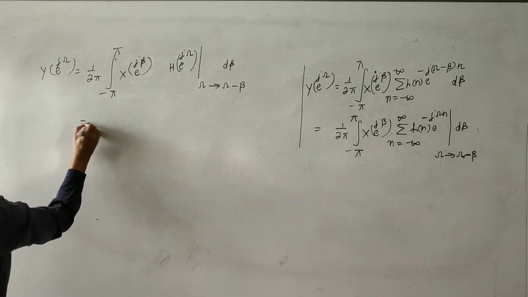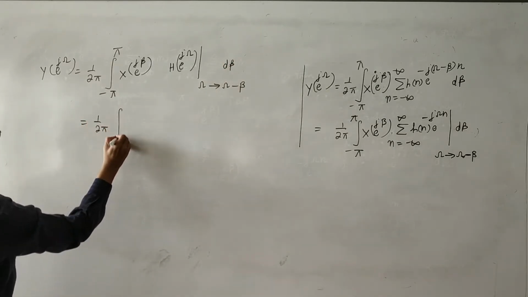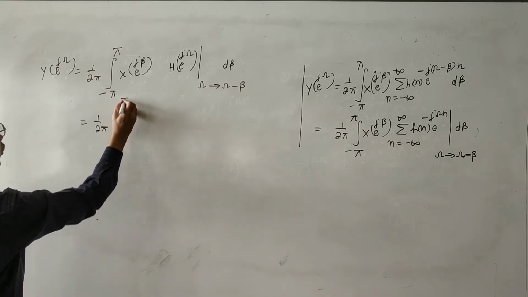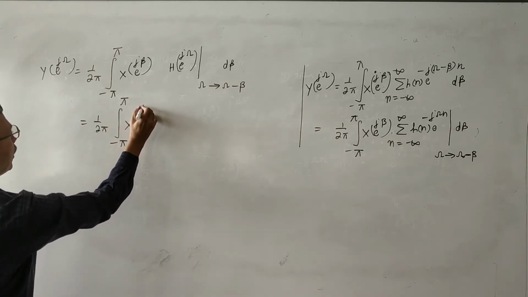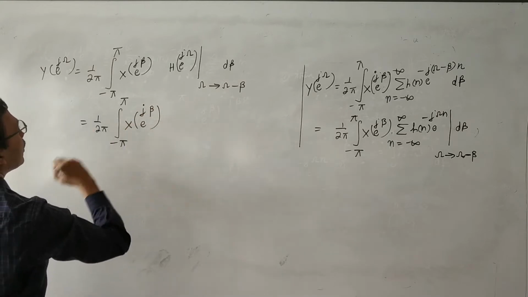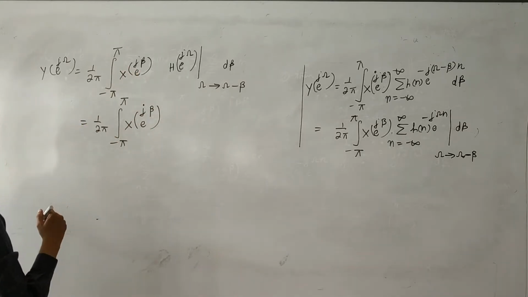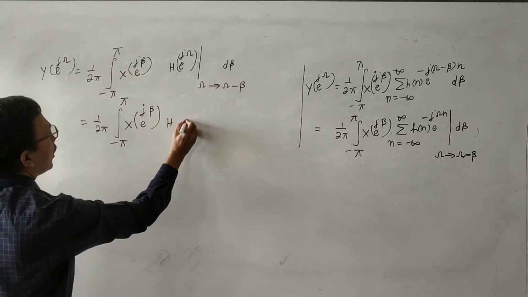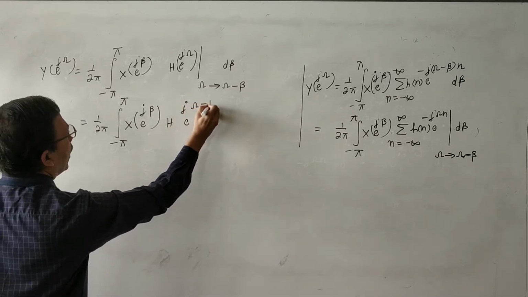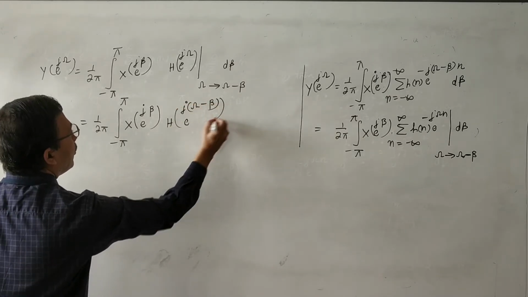So this becomes 1 by 2 pi integration from minus pi to plus pi X of e to the power j beta into H of e to the power j omega minus beta d beta.